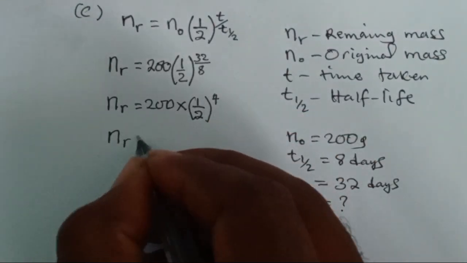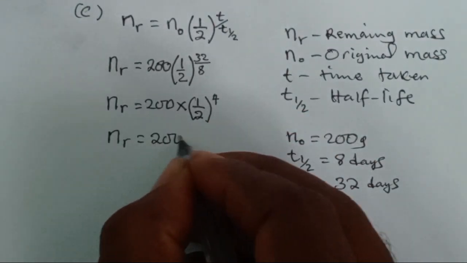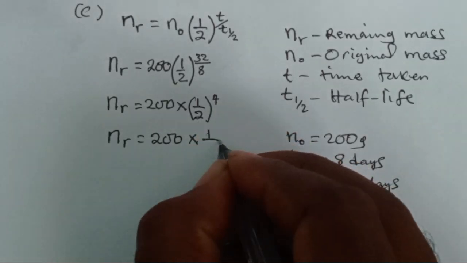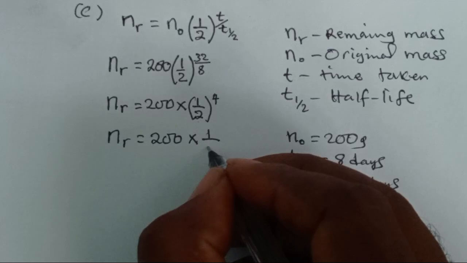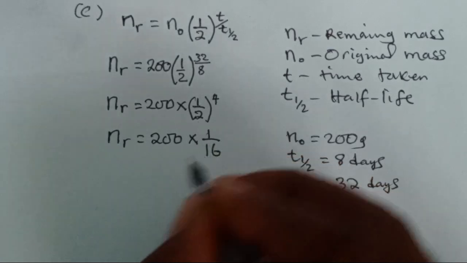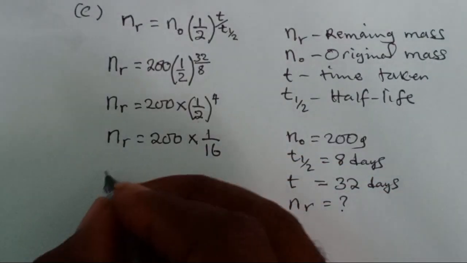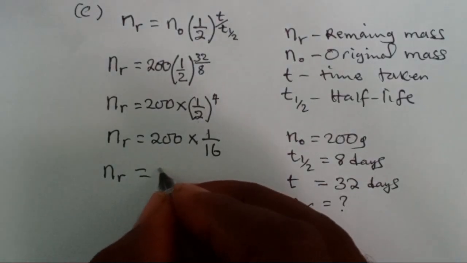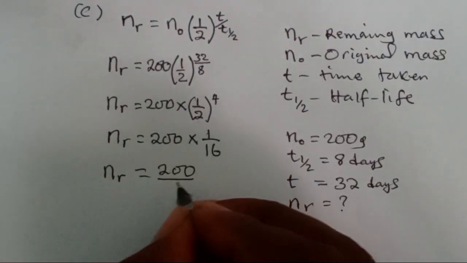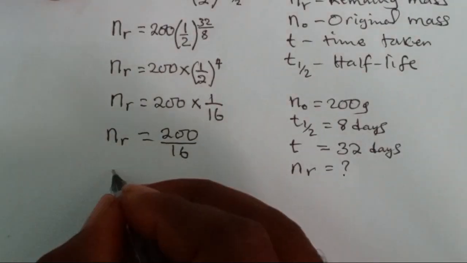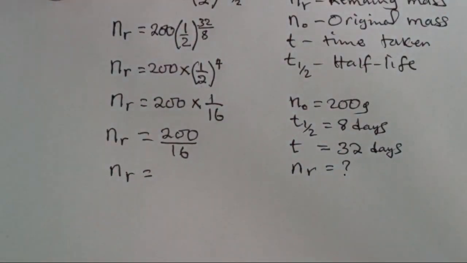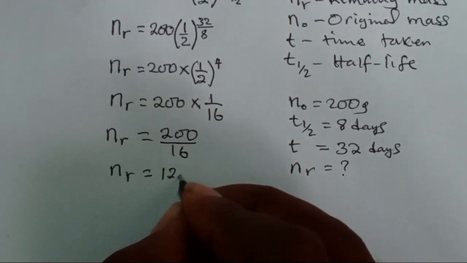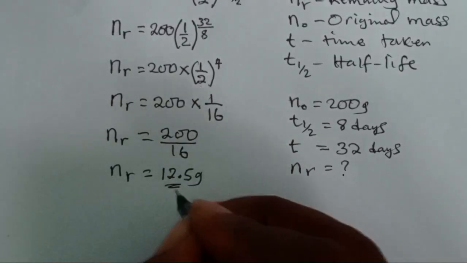So the remaining mass is equal to 200 times 1/2 to the power 4. We have 1/16. So the remaining mass is equal to 200 divided by 16, which is 12.5 grams. This is the remaining mass.